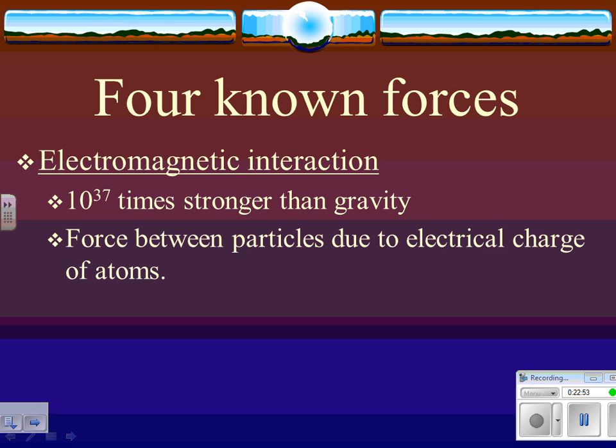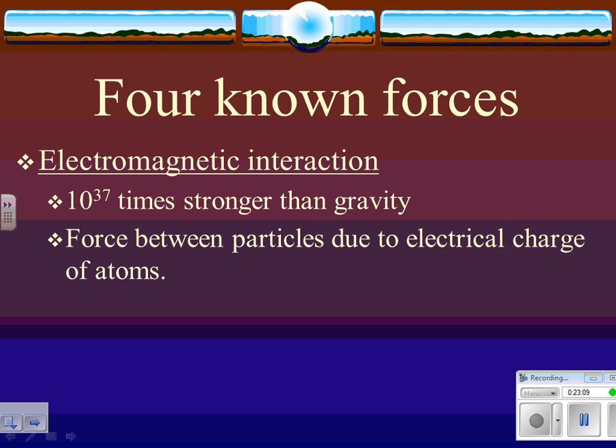So on an atomic level, there's a lot of electromagnetic force happening because in an atom, we have electrons, which are charged, and we have protons, which are charged. So they're always exerting forces on one another, and atoms are also exerting forces on other atoms. So on an atomic level, there's a lot of electromagnetic stuff going on.